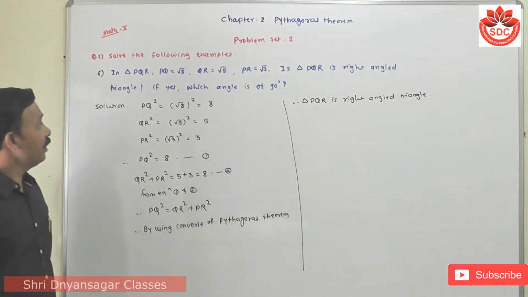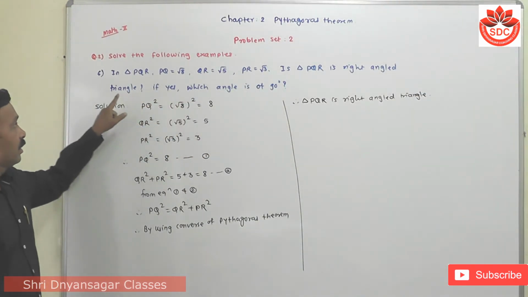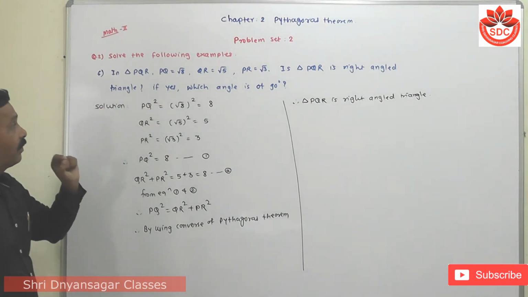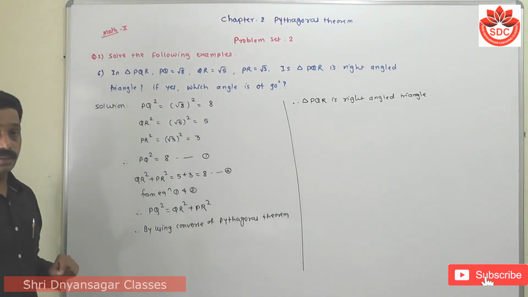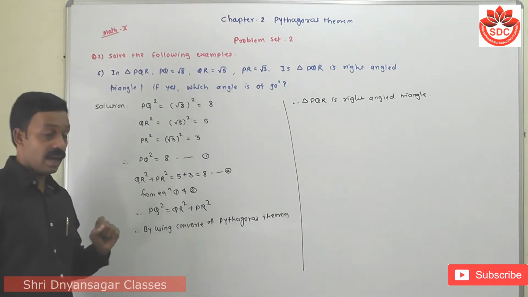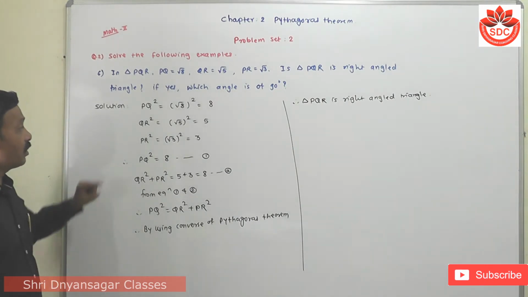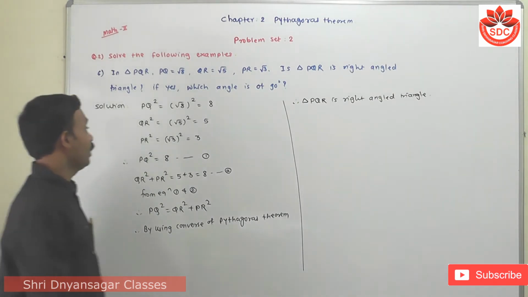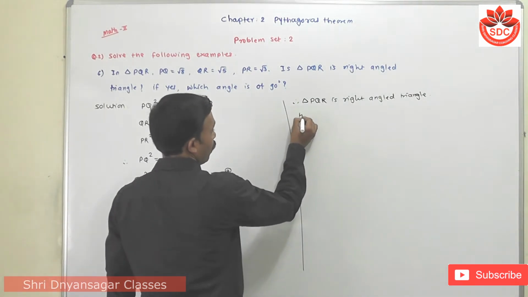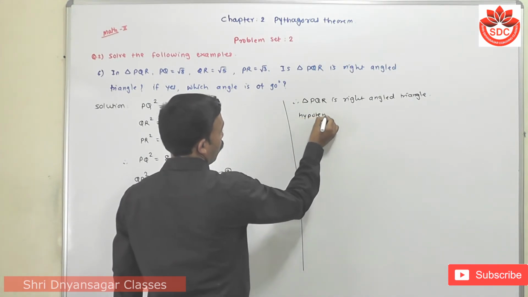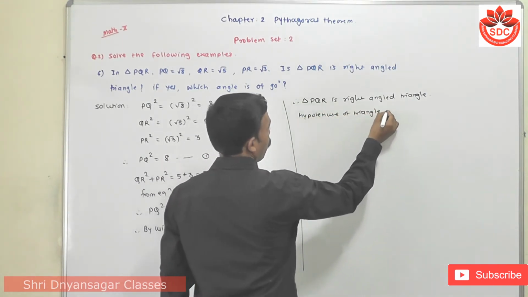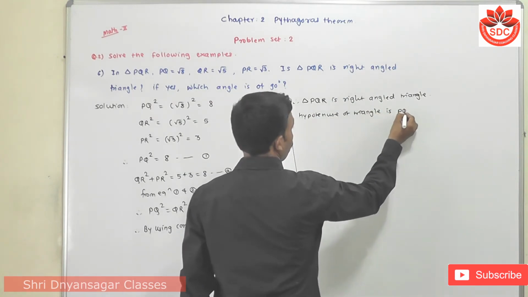Student, yes, it is a right angle triangle. If yes, which angle is 90 degrees? First, I have to find which is the hypotenuse. The largest side is the hypotenuse, so the hypotenuse of the triangle is PQ.